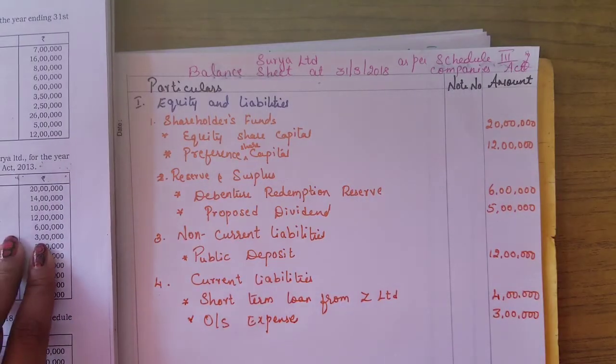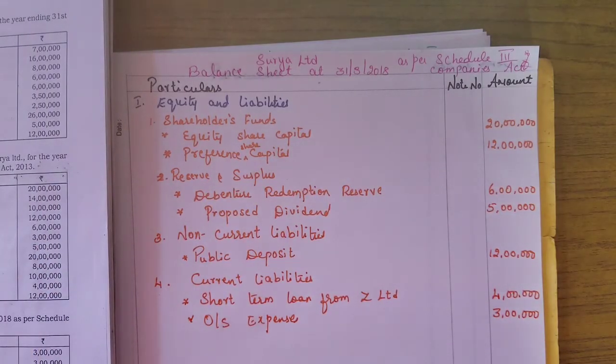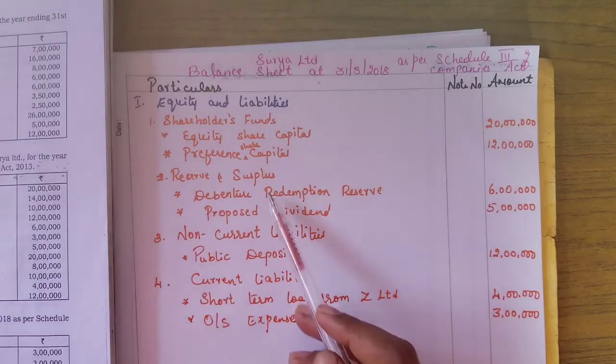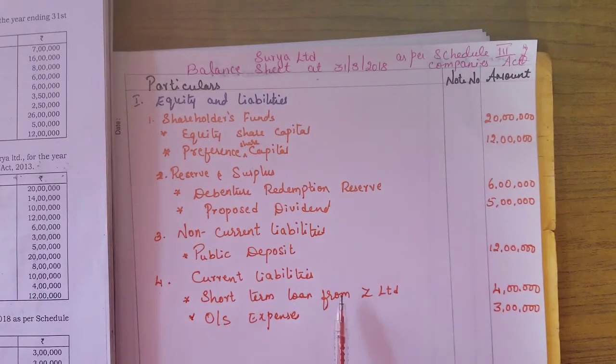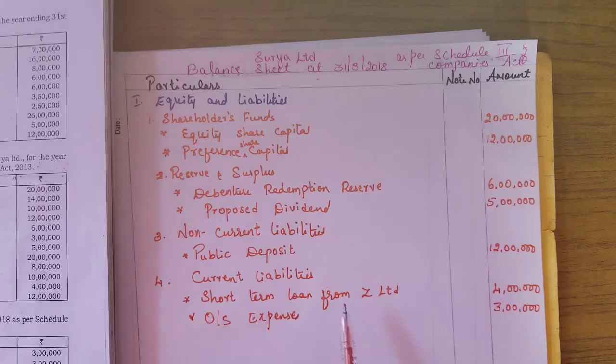Okay, so let me cross check. 1 2 3 4 5 6 7 items are there under the liabilities. Yes, so all these are the liabilities.